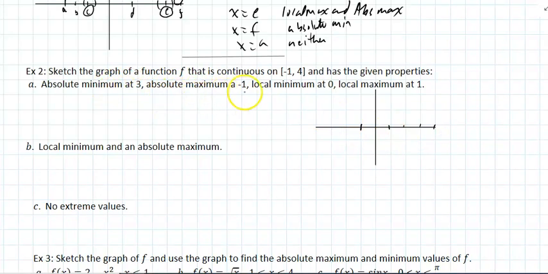Sketch the graph of a function that is continuous and has the given properties. Absolute minimum at 3. Let's make sure none of the y values go below that point. Absolute maximum at -1. At -1, let's make sure that none of the y values are higher than that.